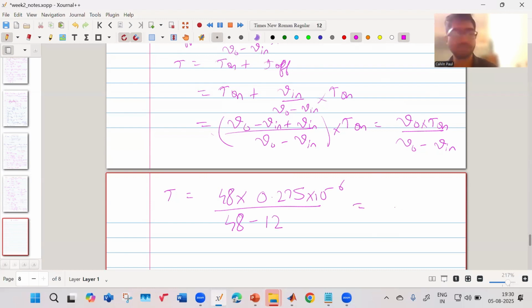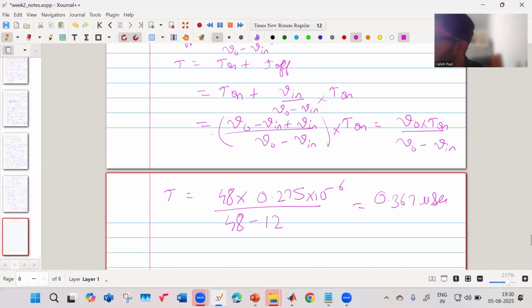What is the time? Okay, T is 0.367 microsecond, correct?